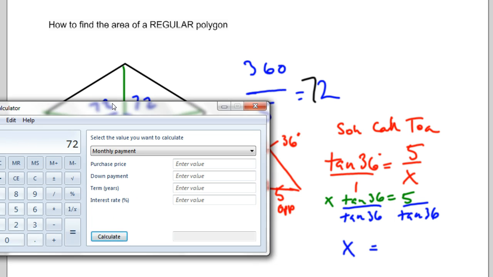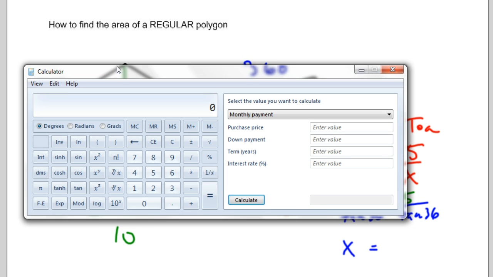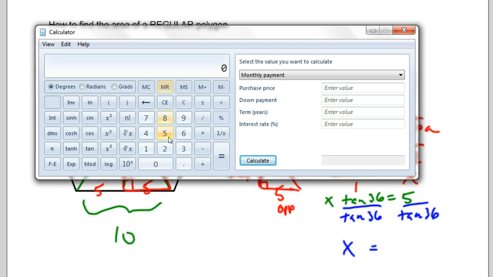Let's see. I have a tangent on here. There's a tangent. So 5 divided by, that didn't do it. Give me a second, I'm going to punch it in a calculator.